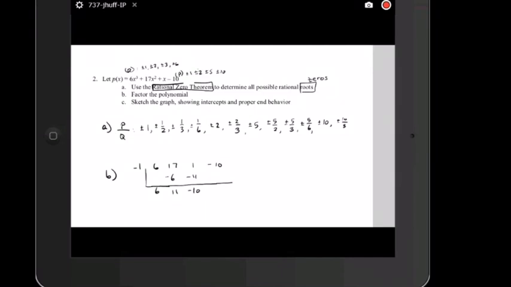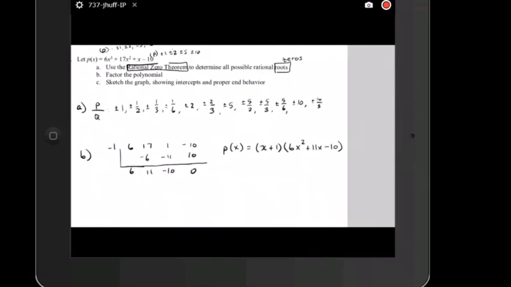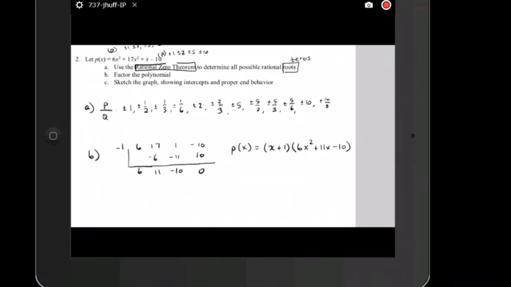Positive 10, 0. Sweet. Okay, so what we know then is p of x can be partially factored into x plus 1 and 6x squared plus 11x minus 10. And then we try to factor this quadratic expression, and if it doesn't factor, then we can use the quadratic formula.